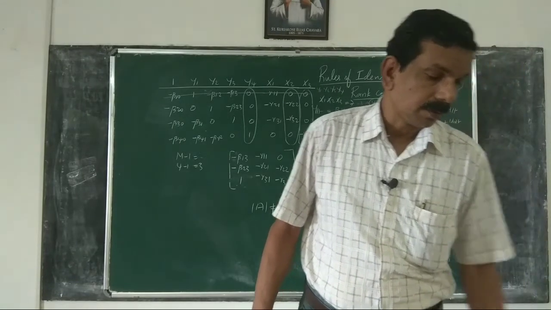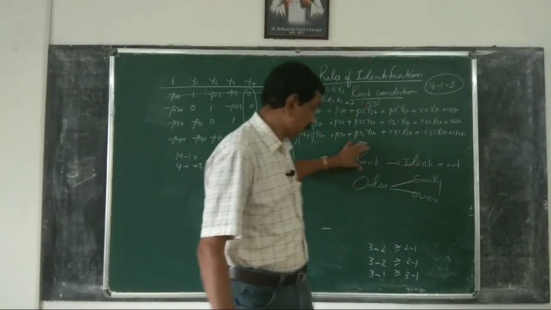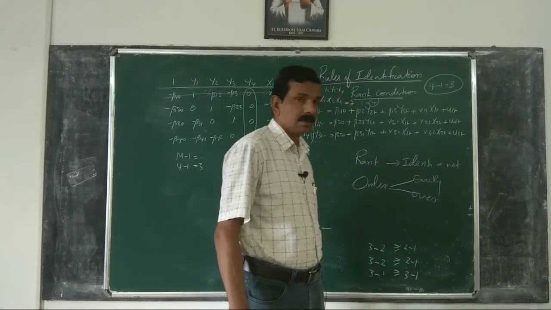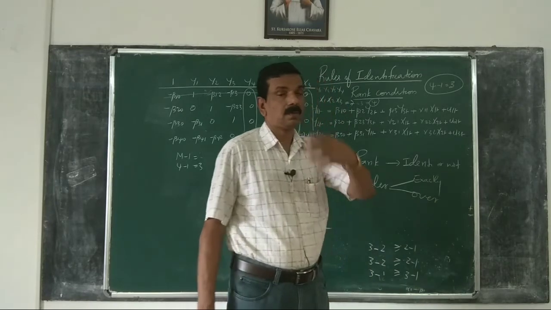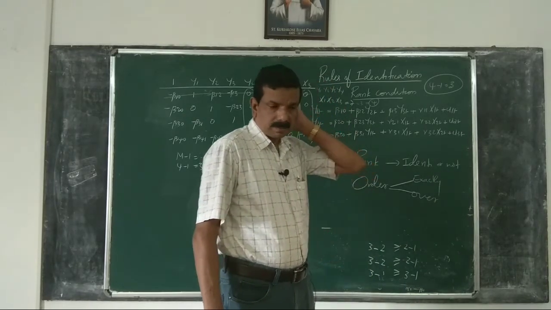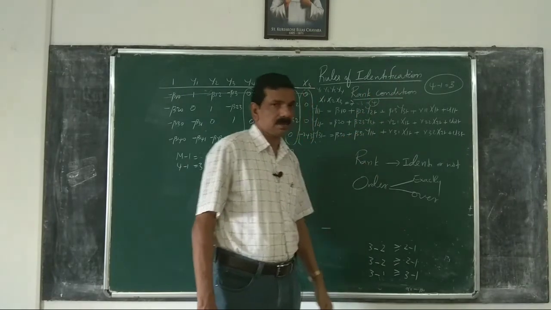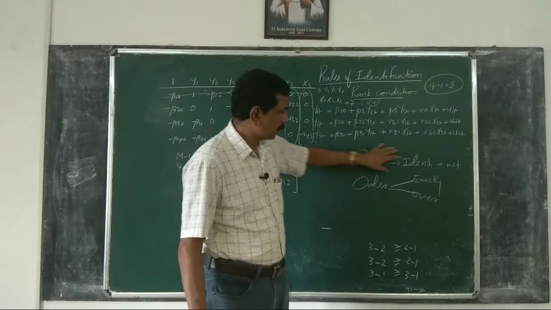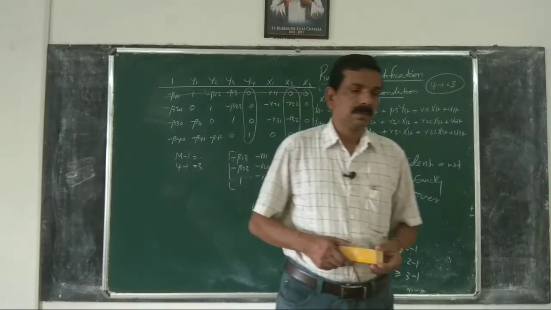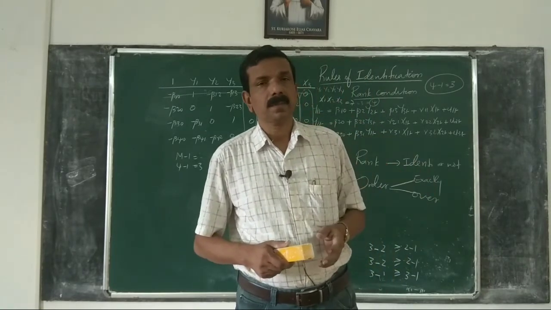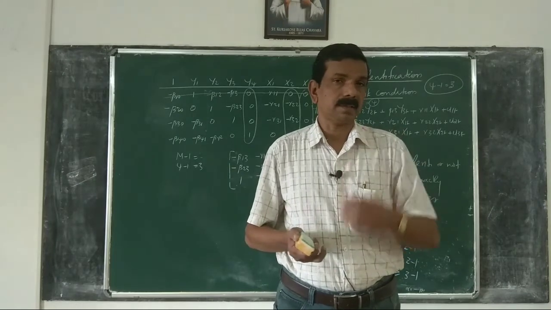So remember this point. Rank condition tells us whether an equation is identified or not. Order condition tells us whether it is exactly identified or over-identified. But remember, when we consider a large simultaneous equation system, evaluation of the rank condition will be difficult. So the question is, is it a serious problem if the rank condition cannot be satisfied or evaluated?